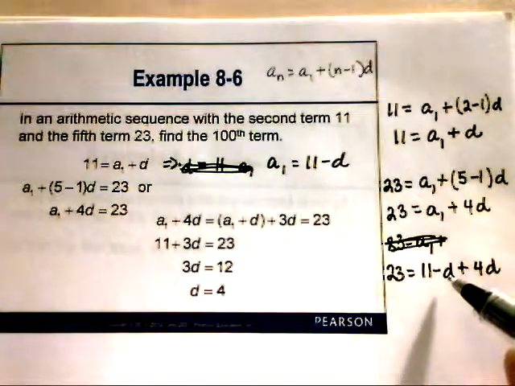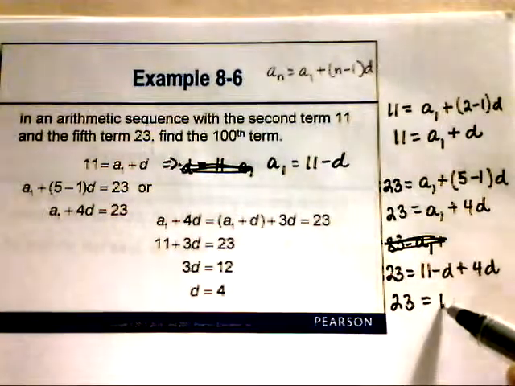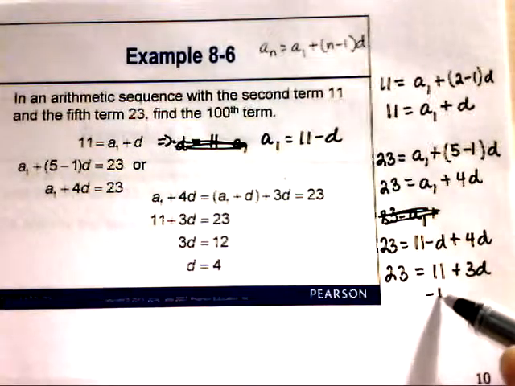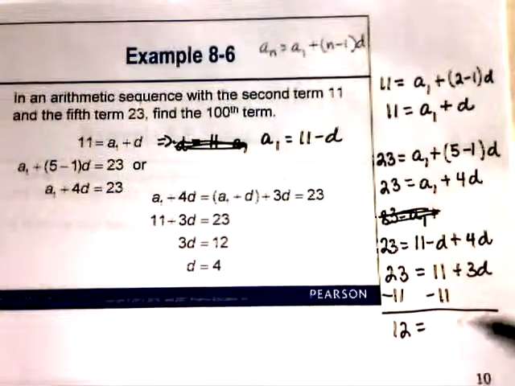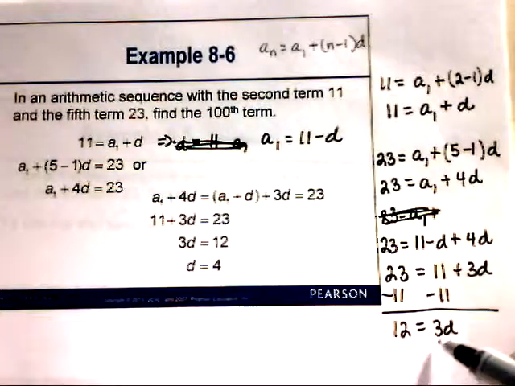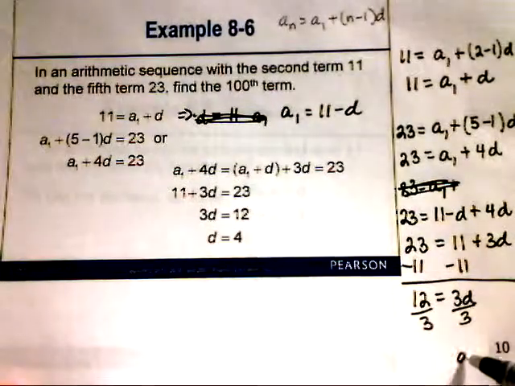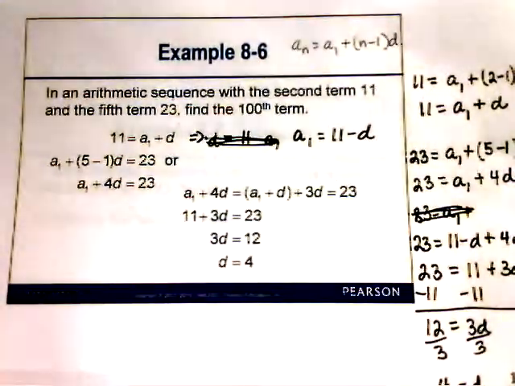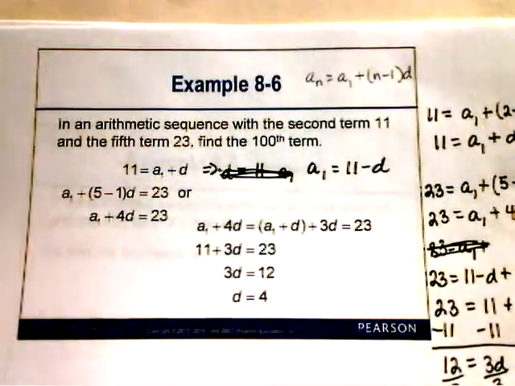Now here, negative 1d plus 4d is 3d, so you'll get 23 is equal to 11 plus 3d, and then subtract 11, you'll get 12 is equal to 3d, which means if you divide by 3, d is equal to 4. Okay. So here the common difference is 4, which is exactly what they have here.